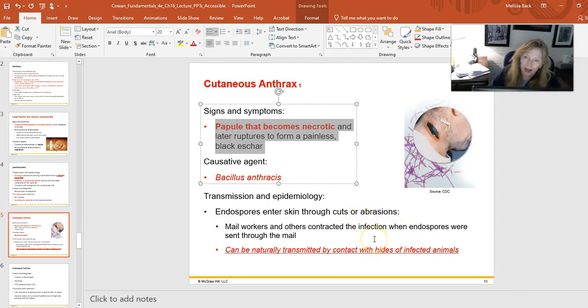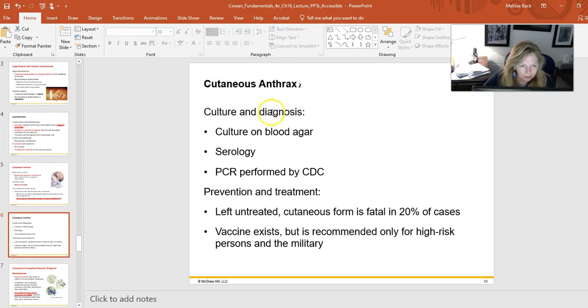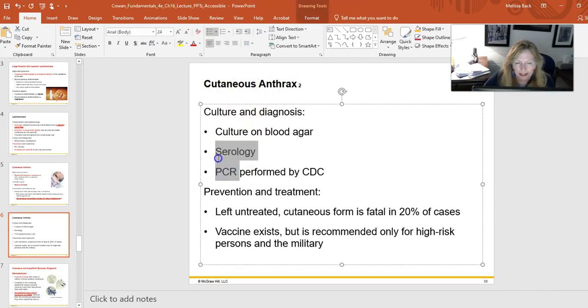People who work with hides of animals, since the spores from Bacillus anthracis are in the soil, like wool and whatnot, if they have any opening on the skin, can actually have these kind of lesions. So again, the testing is usually serology testing, direct or indirect serology testing, culturing.